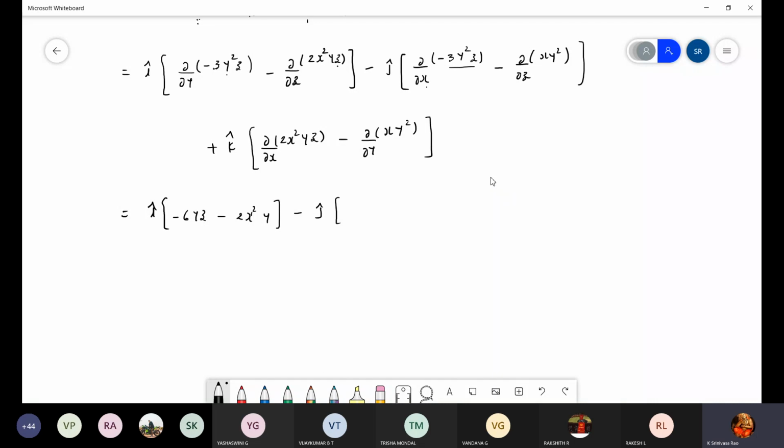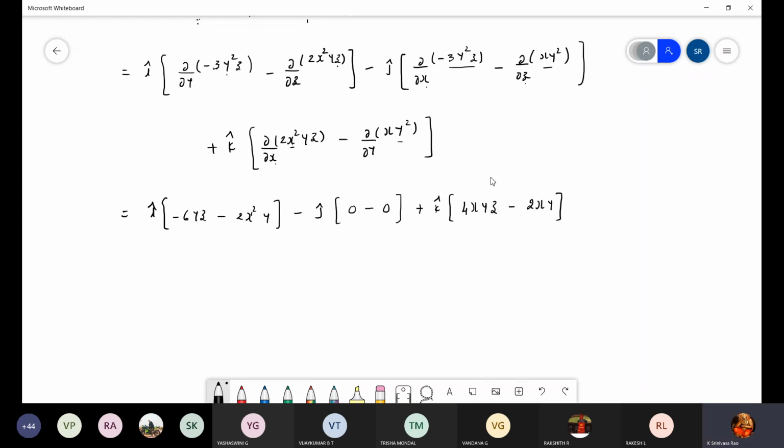You can see here no x, all terms are constant, therefore the differentiation is 0. Similarly, with respect to z, there is no z here, so this is also 0. So the minus j component vanishes, plus k into, with respect to x² differentiation is 2x, so 4xyz, minus, now with respect to y² differentiation is 2y, so 2xy.